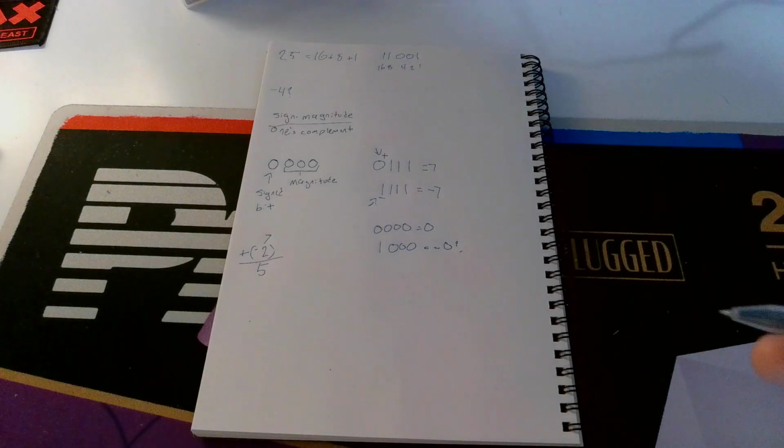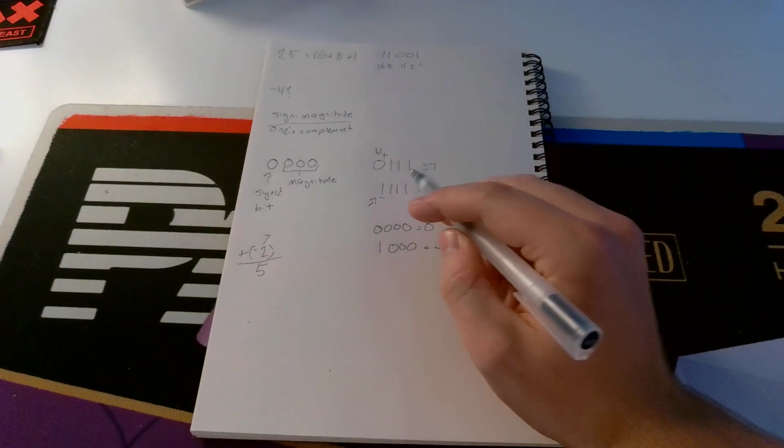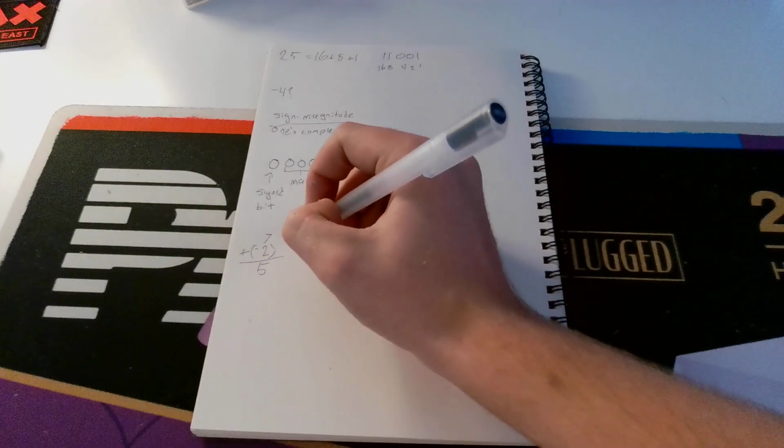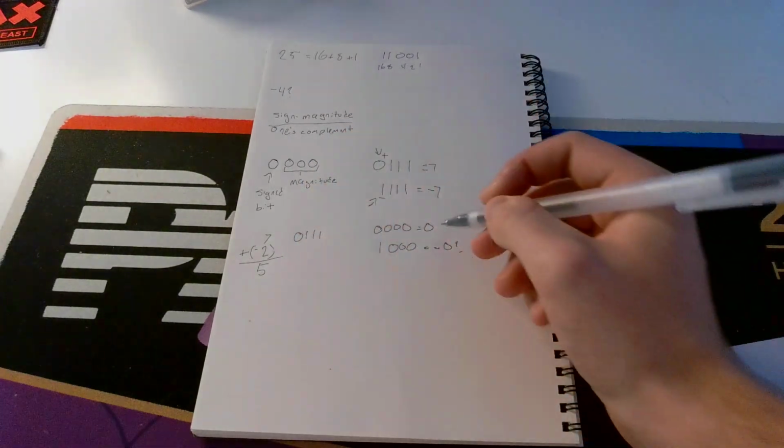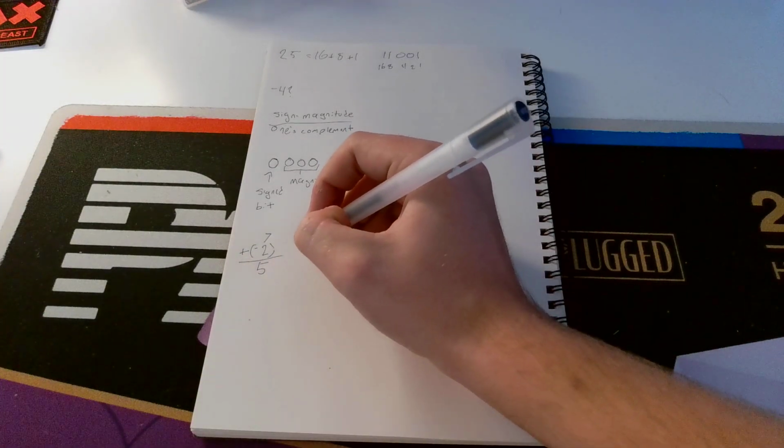But in sign magnitude, we're going to go from 7, which we've already found out is 0, 1, 1, 1, to -2, which is 1, 0, 1, 0.